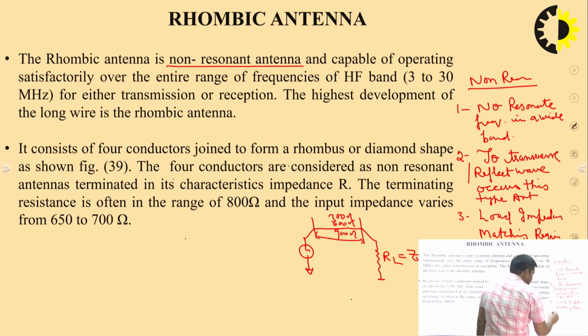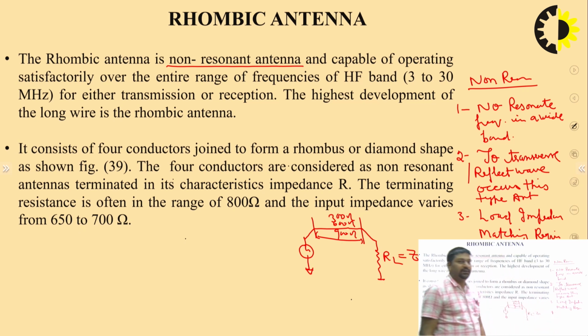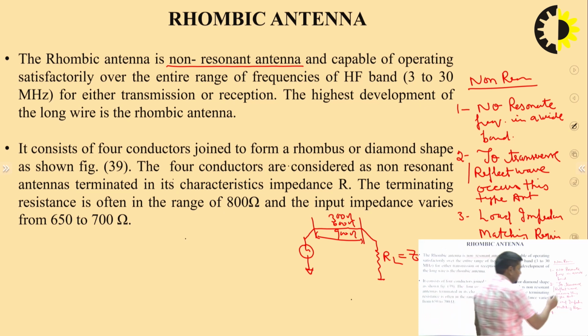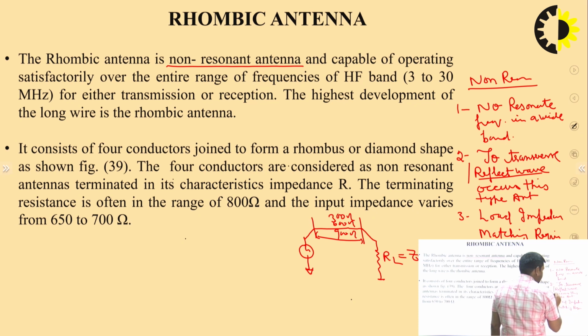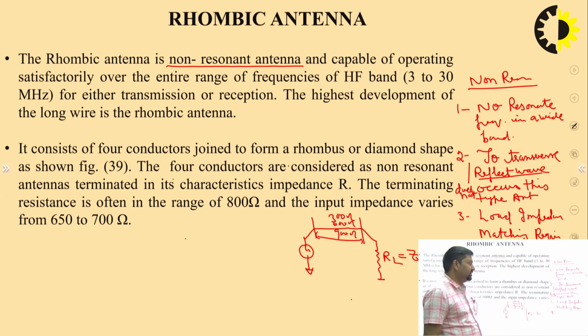And the fourth one is that in this type of antenna, the reflected wave, as I already mentioned, does not occur. So the reflected wave does not occur in that particular transmitting antenna.